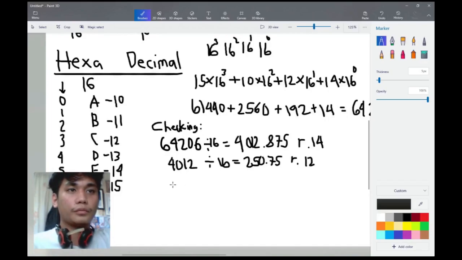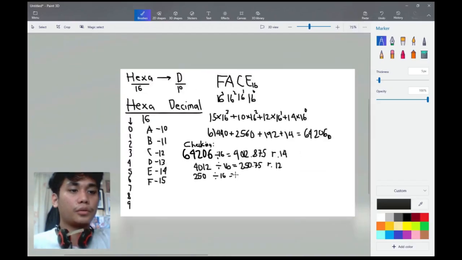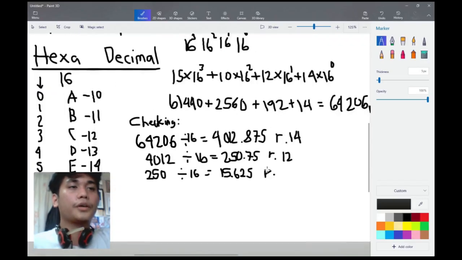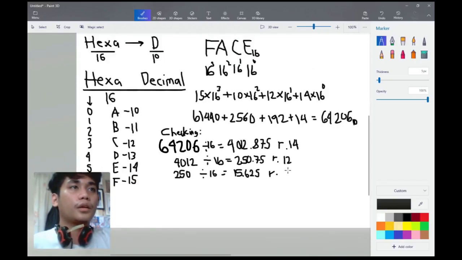We have 250 divided by 16, that's equal to 15.625. 0.625 times 16, that is 10.